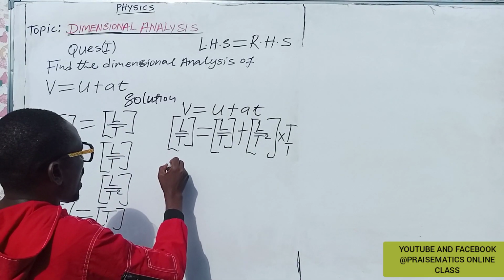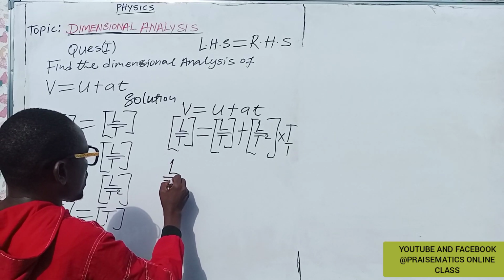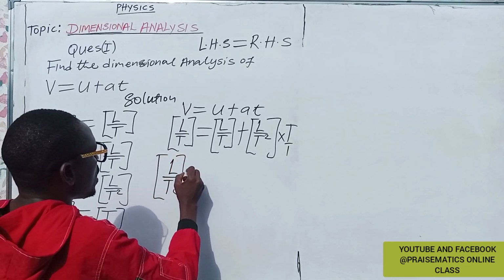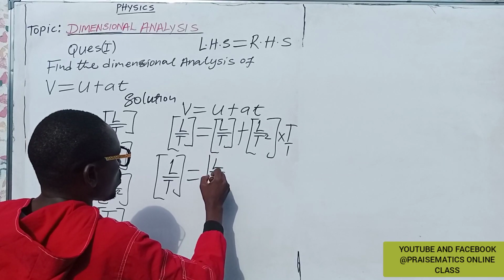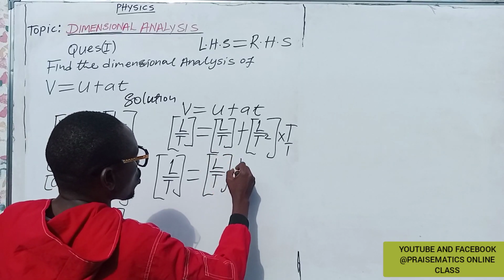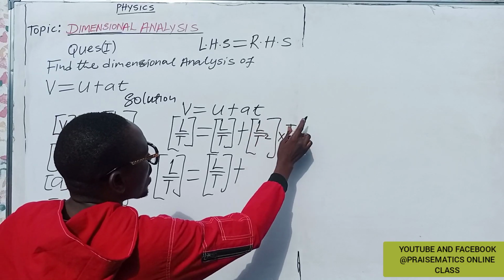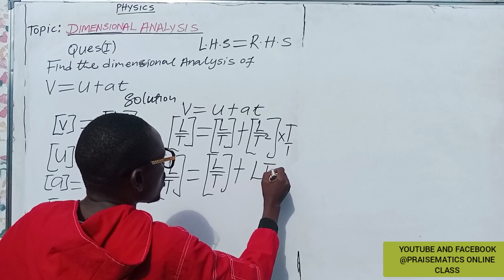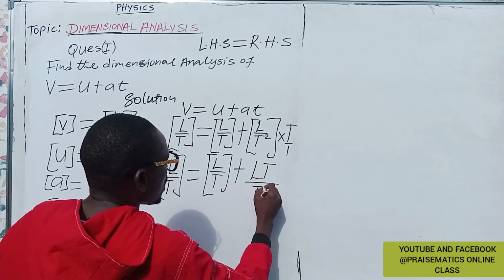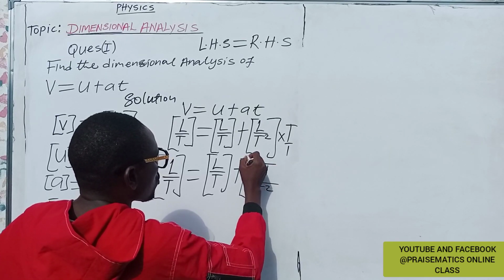Mathematically, the dimension of L over T is equal to the dimension of L over T, plus L times T over T square. So we take the dimension.